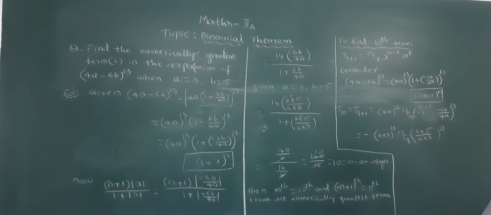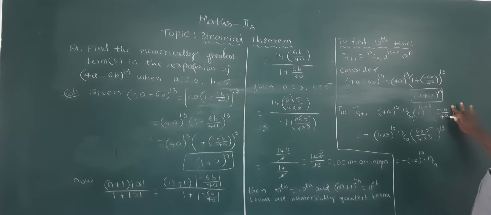Now the next value will come like this: 13C9, as it is, minus, 12 to the power 13. 4 threes are 12, to the power 13.